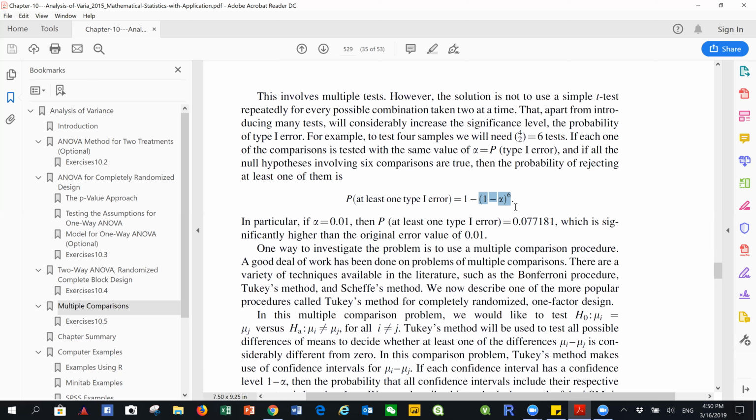That's the probability that you don't make any type 1 error for all six separate t-tests, and 1 minus that gives the probability of making at least one type 1 error.